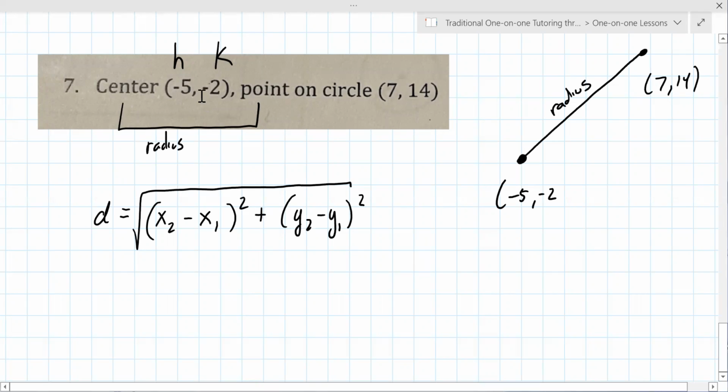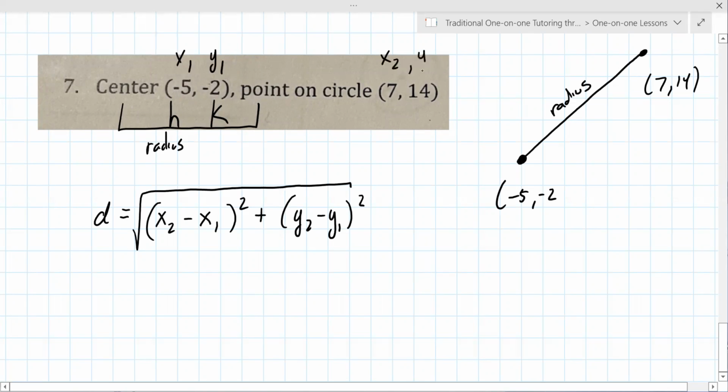So the center, we're going to call that x1 and y1, and then the point on the circle x2 and y2. So that's 7 minus negative 5 squared plus 14 minus negative 2 squared.